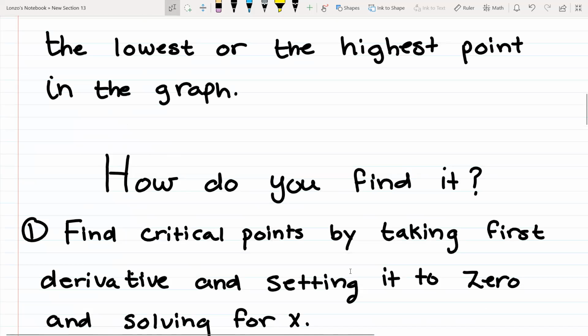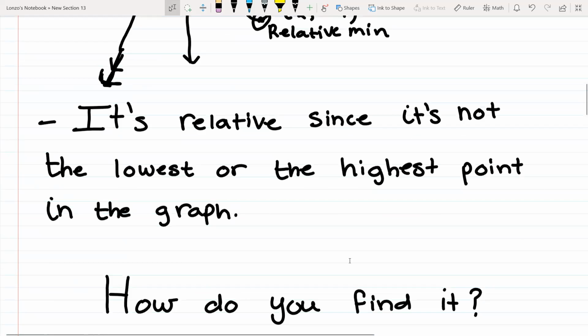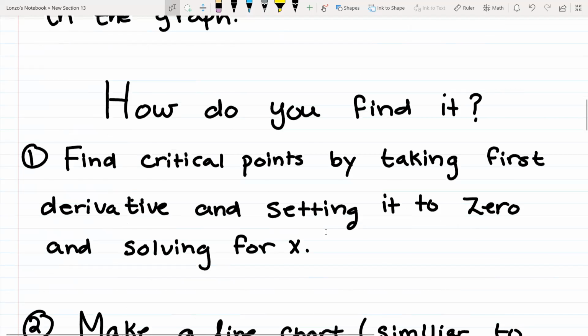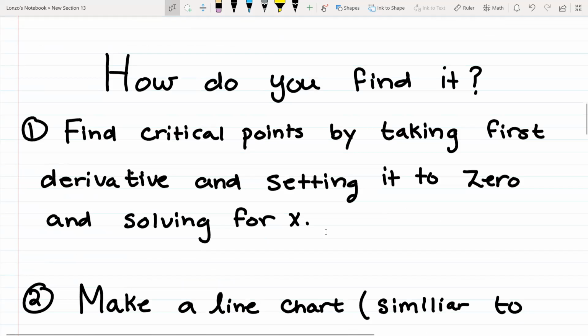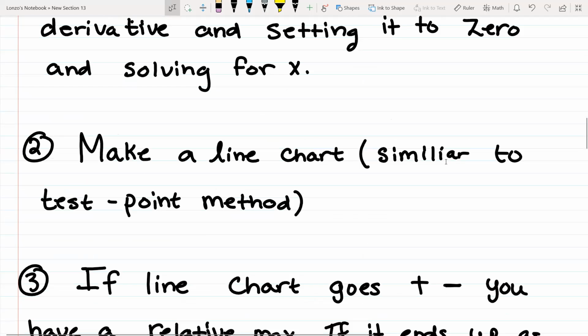How do you find it? How do you find your relative min and your relative max? Well, step one says find critical points by taking the first derivative, setting it to 0, and then solving for x. Step 2 says make a line chart similar to the test point method.